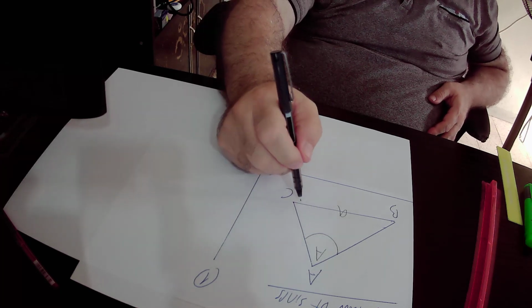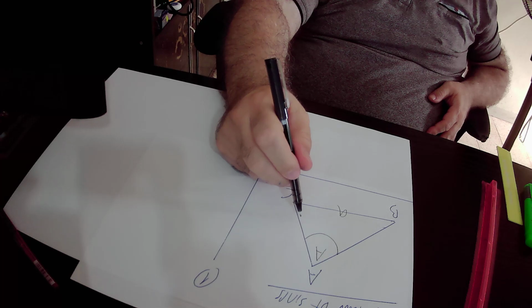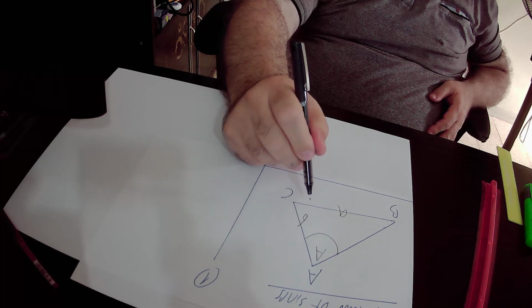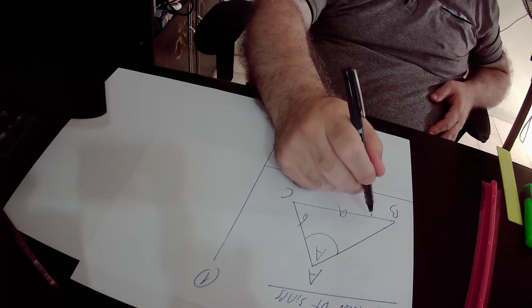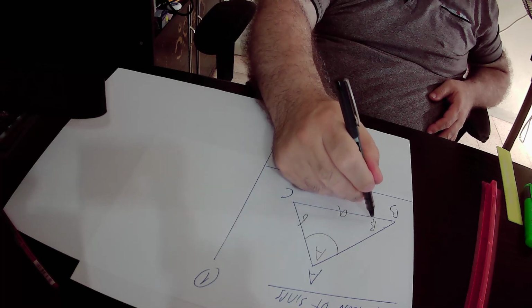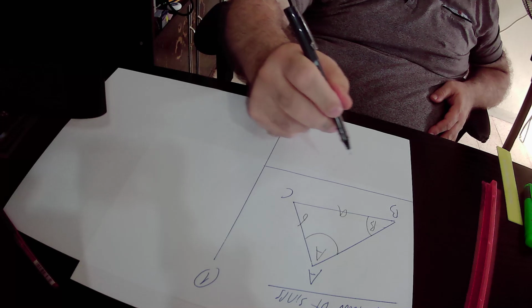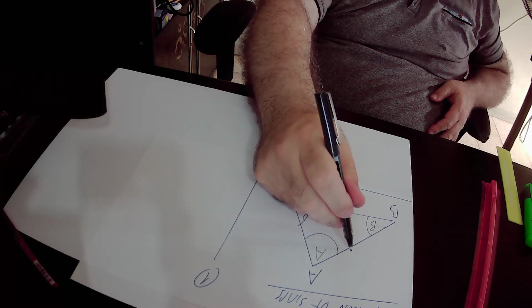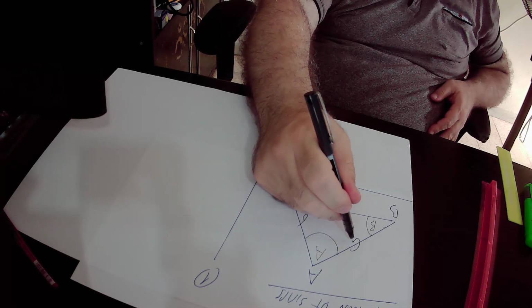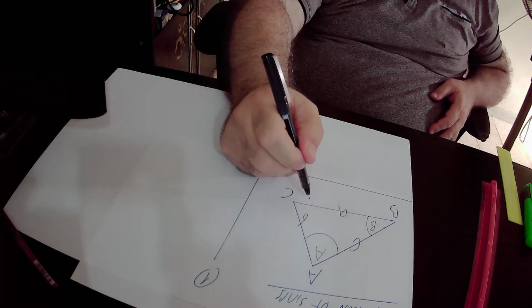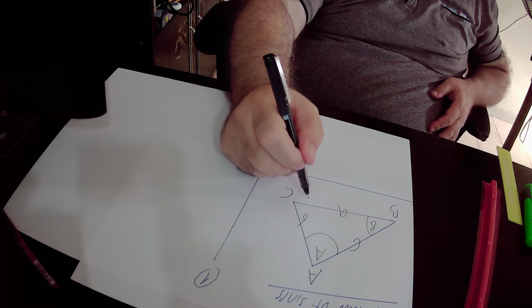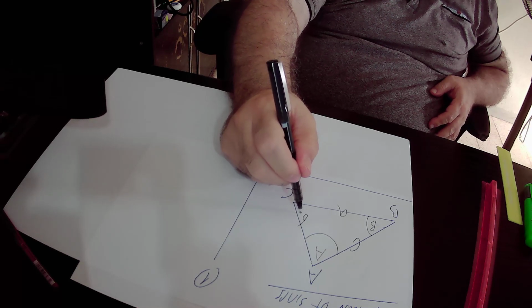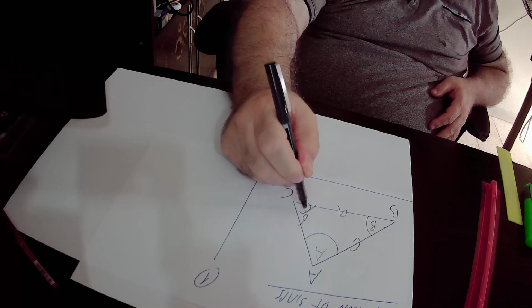Side AC equals B units in its length, and angle ABC equals B degrees in its size. And finally, side AB equals C units in its length, and angle ACB equals C degrees in its size. Capital C degrees in its size.